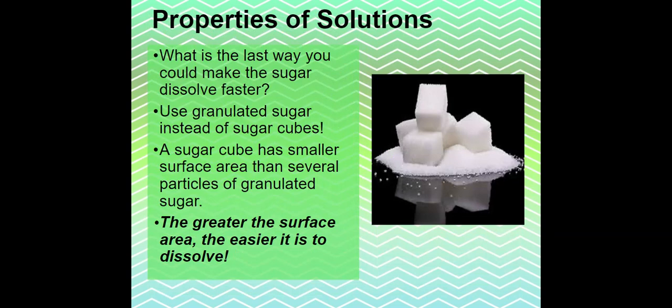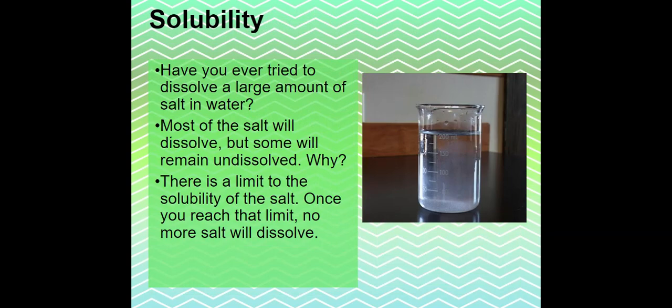So if you crush that sugar cube up into smaller sugar granules, then all the little sugar granules are going to be touching the tea instead of just the sides of the sugar cube. If you break it up, it's a lot easier to dissolve than if you kept it as one big piece. So basically, the greater the surface area, the easier it is to dissolve.